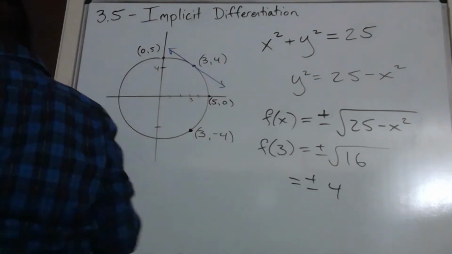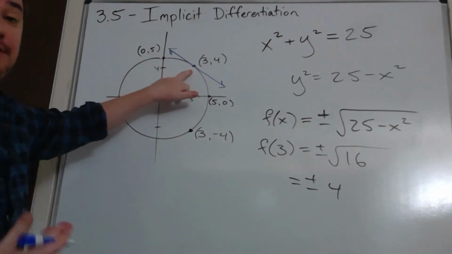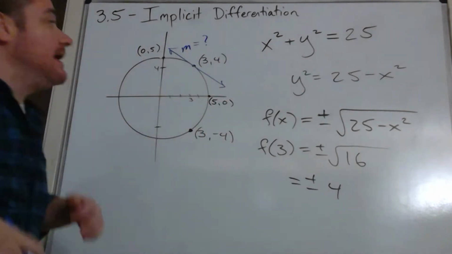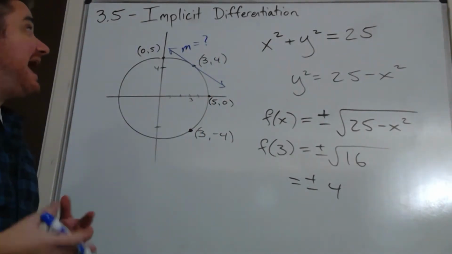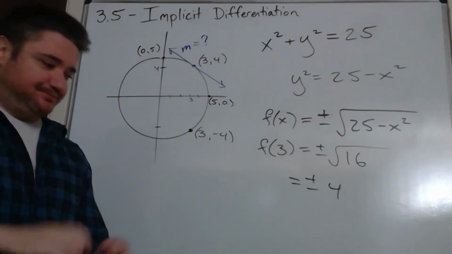I can still draw a tangent line. Even though the graph is not a function, I can still draw a tangent line at a point on the graph, and I can still wonder what the slope is of that line, all right?